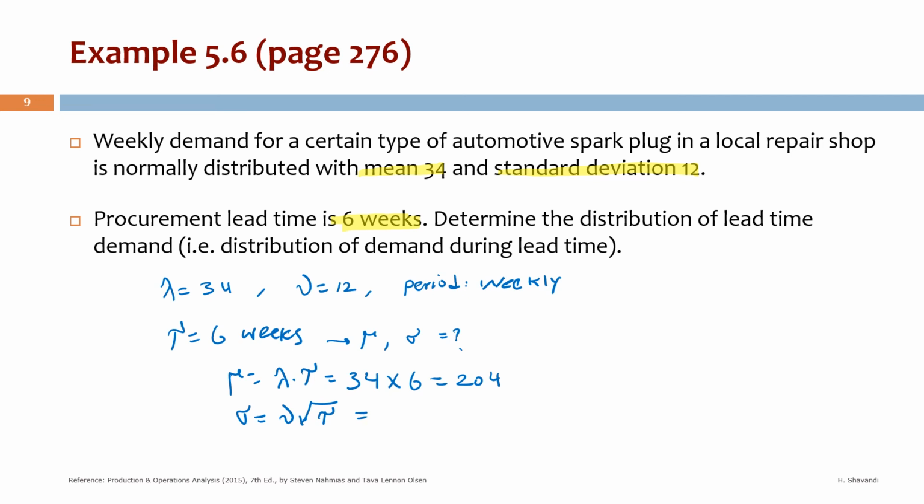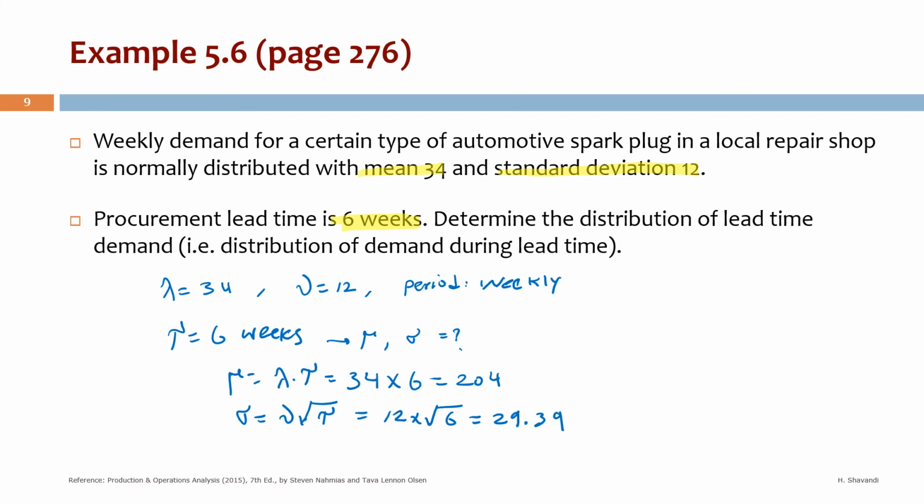This means we multiply 12 by the square root of 6, and it becomes 29.39. It's so easy. By this procedure we can scale demand for any period for estimating demand during the lead time.